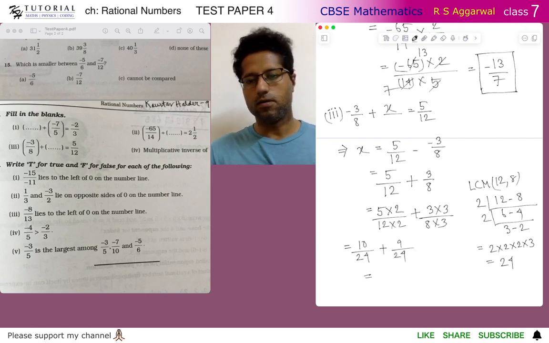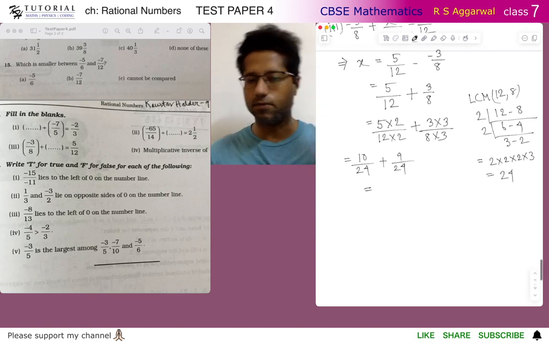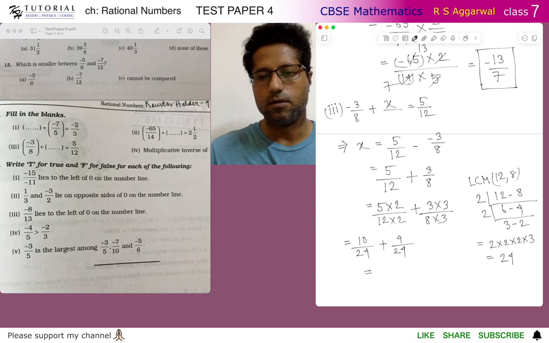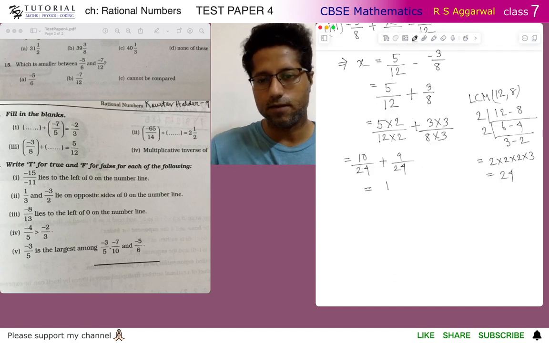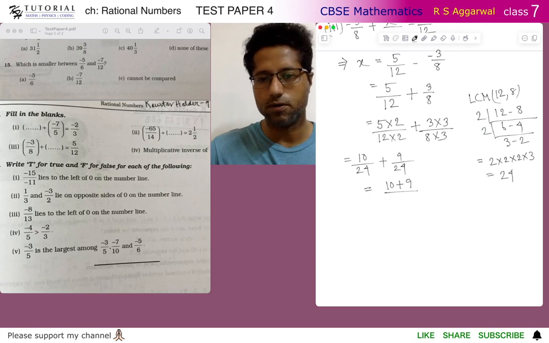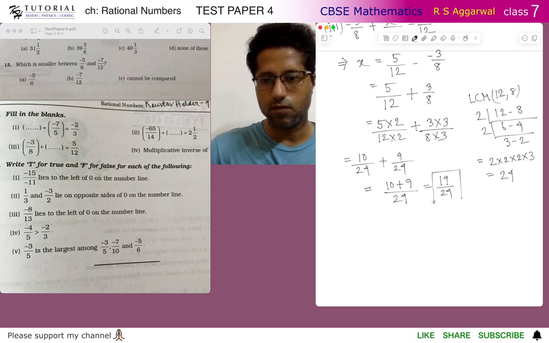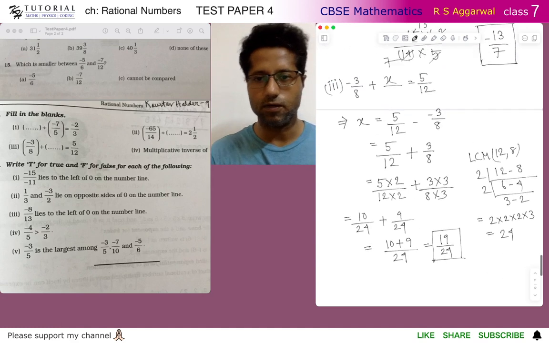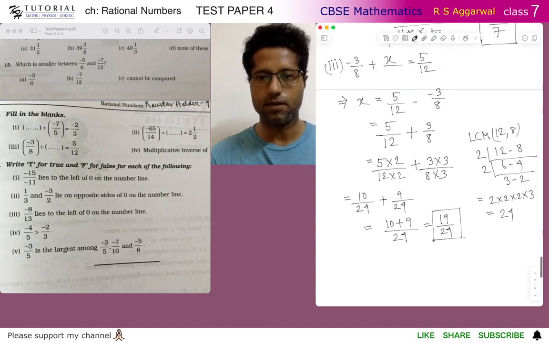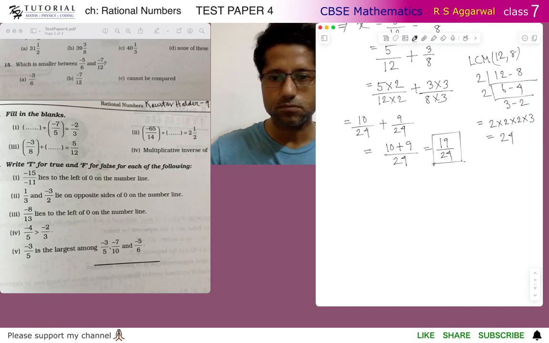So we have addition of two rational numbers with the same denominator. Now we will just add the numerators and divide the sum of the numerators by the common denominator. So this is 10 plus 9 by 24. This is 19 by 24. So this is the value of x, or the value that needs to be added to minus 3 by 8 to give 5 by 12. Okay.